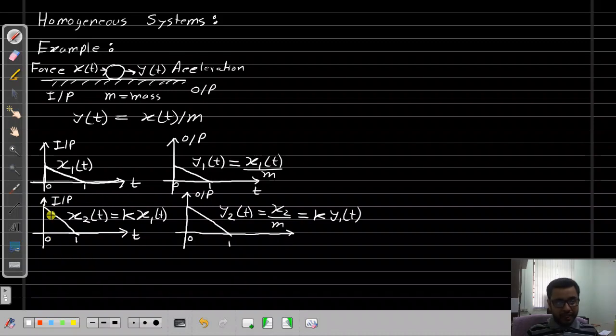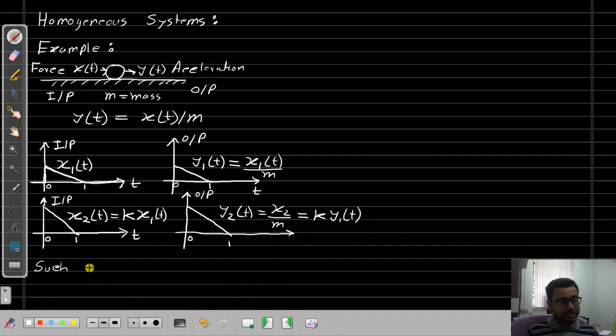So you observe that if you increase the input by a constant factor, output also increases by the same constant factor. Such systems are called homogeneous.